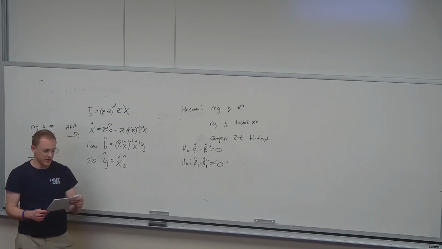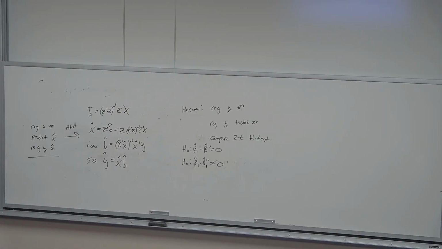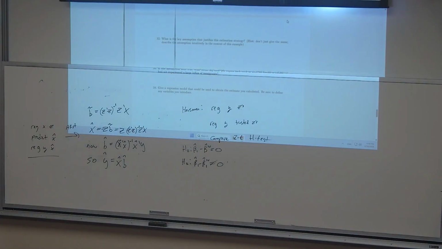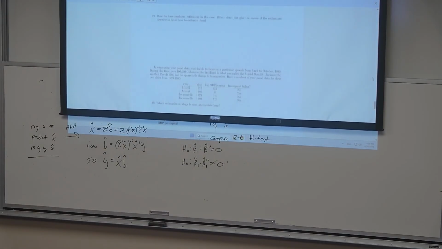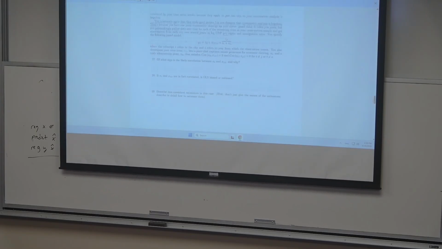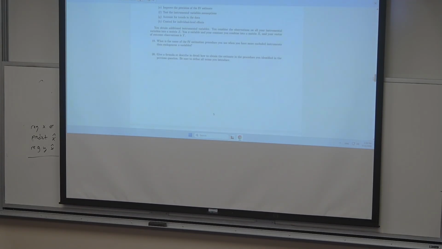So in this problem, he gave you numbers, right? He said for problem 21, we should pull up this Hausman test problem. So he's just going through, you get some more instrumental variables.